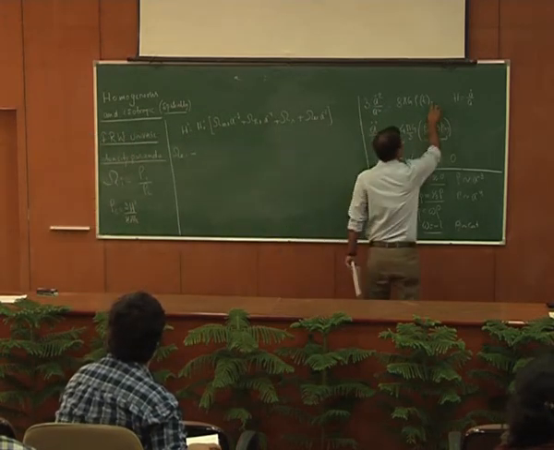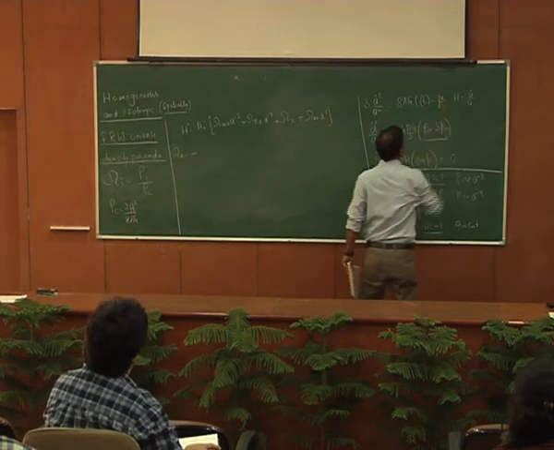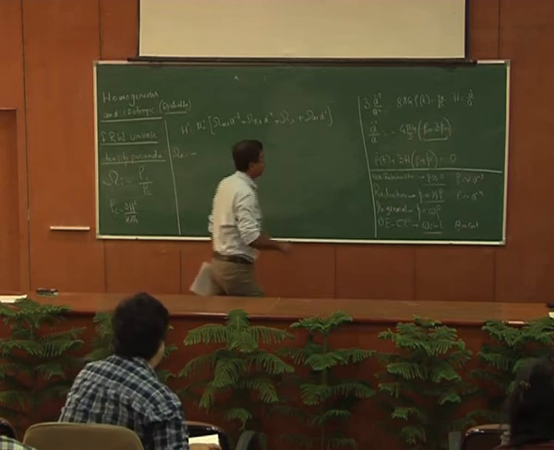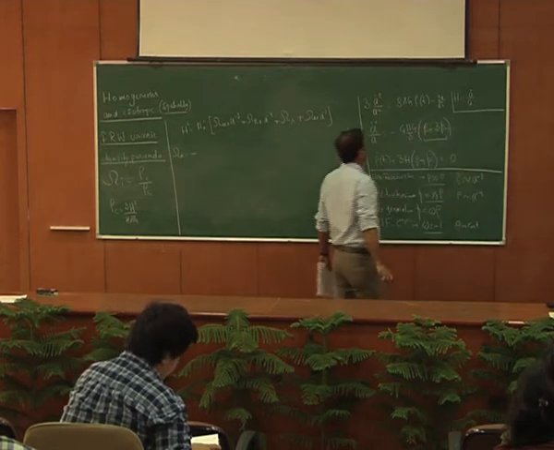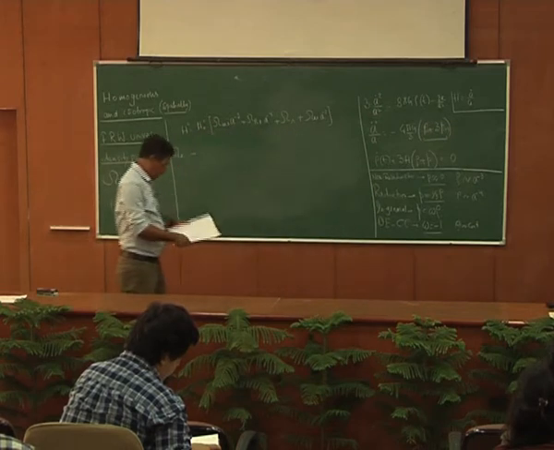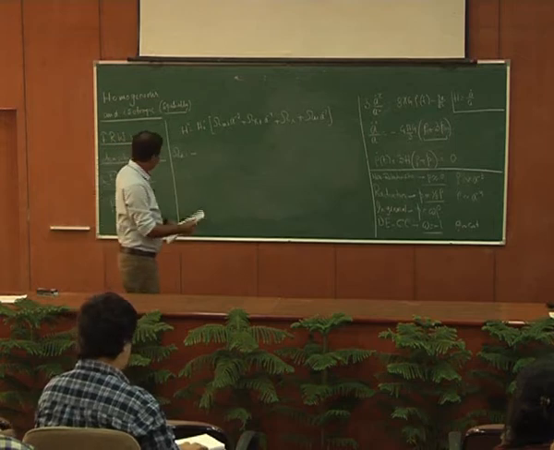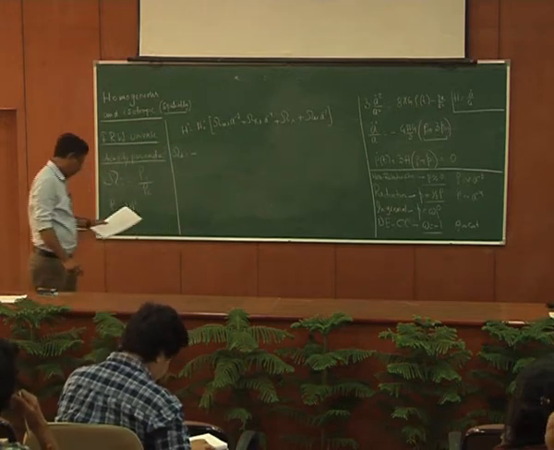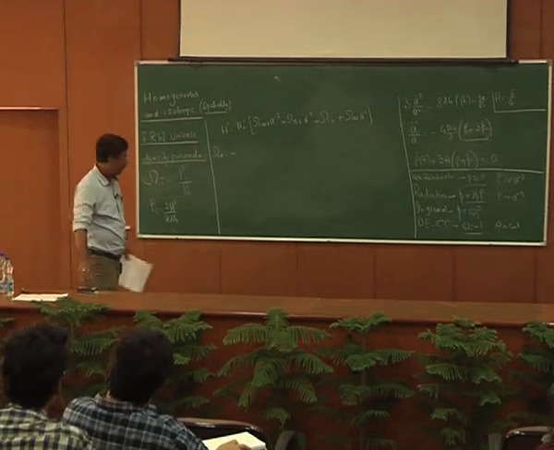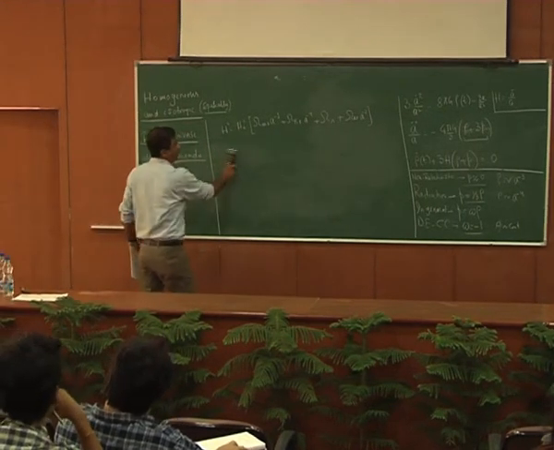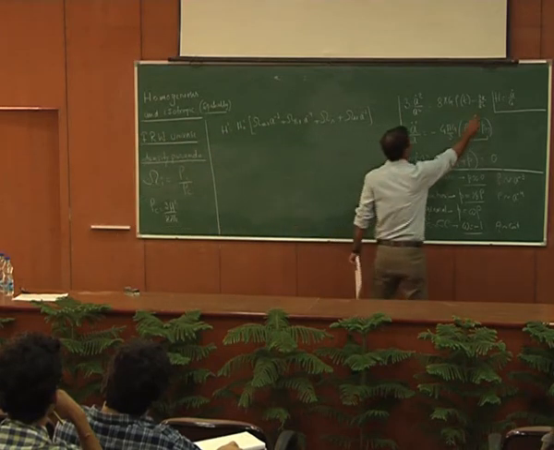Otherwise there is a 3k by a squared term, there is always there. So this is a 3k by H squared.